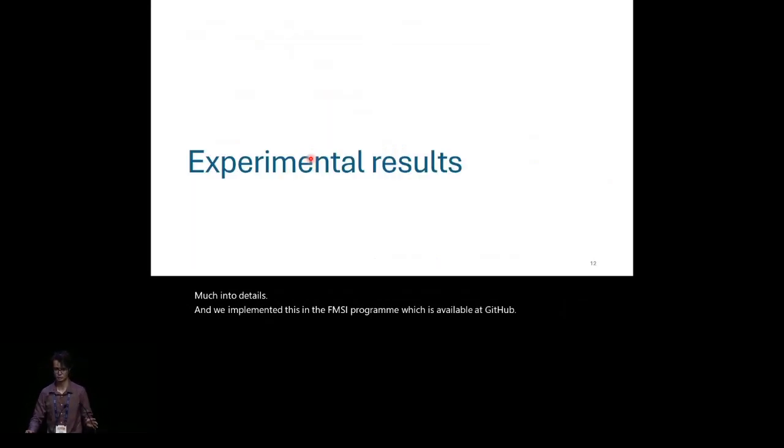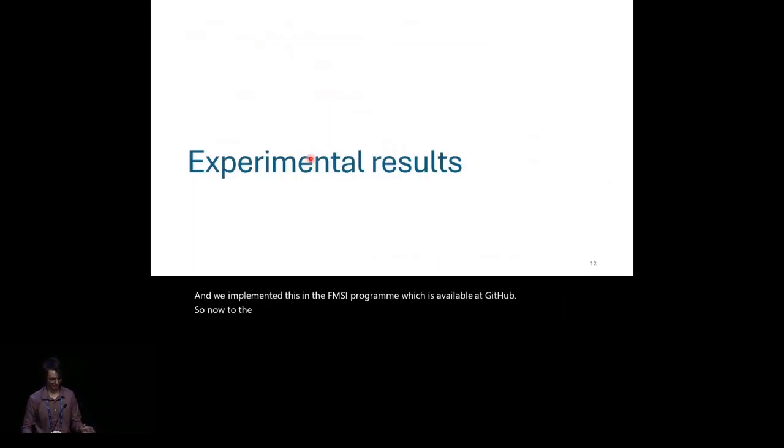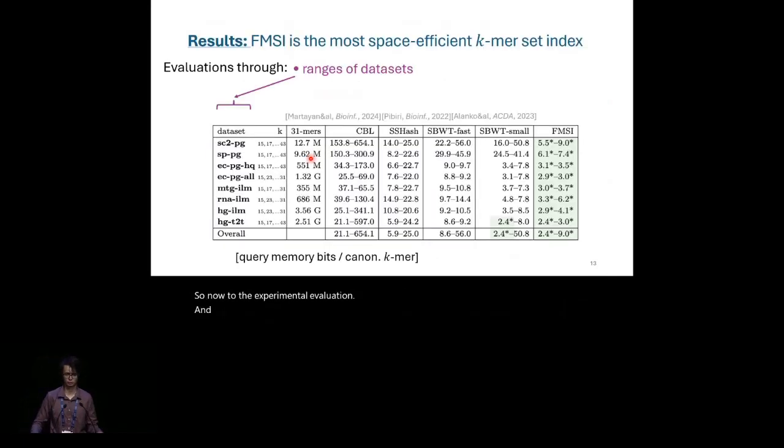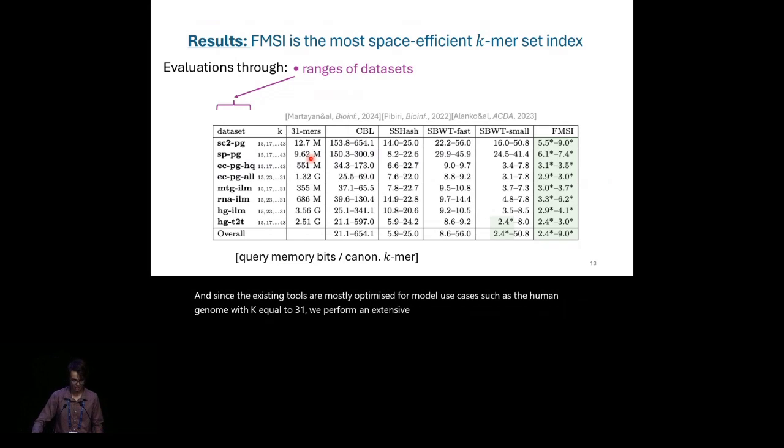So now to the experimental evaluation. Since the existing tools are mostly optimized for model use cases, such as the human genome with k equal to 31, we performed an extensive evaluation where we considered various data sets, which include both reads and assemblies.